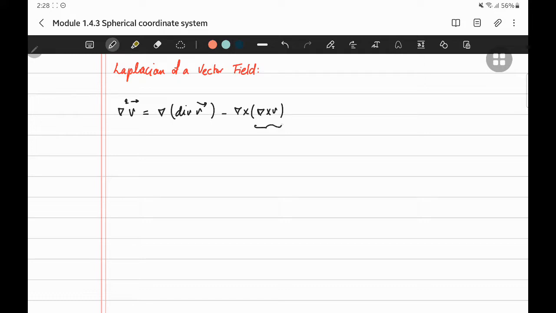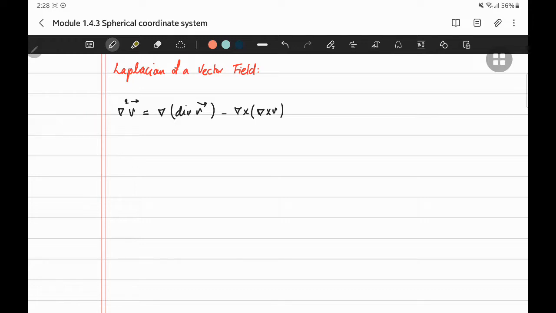We already indicated that this is a vector and this is also a vector. The divergence of a vector field is a scalar field. We already know that the divergence degrades the order of the tensor you have. So it will be a scalar field here, and the del of a scalar field is a vector field. So vector minus vector gives a vector field here. So we expect to get a vector field here. So we have del squared V_r, θ, and φ in here.